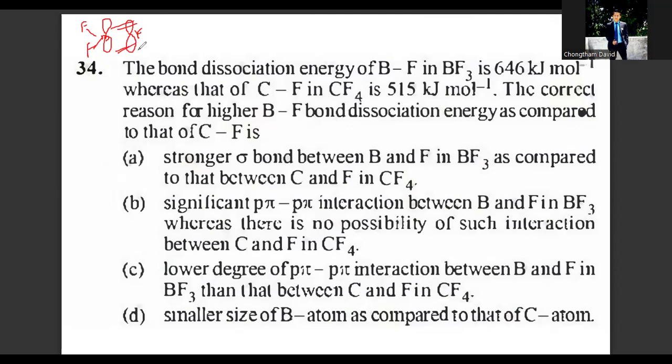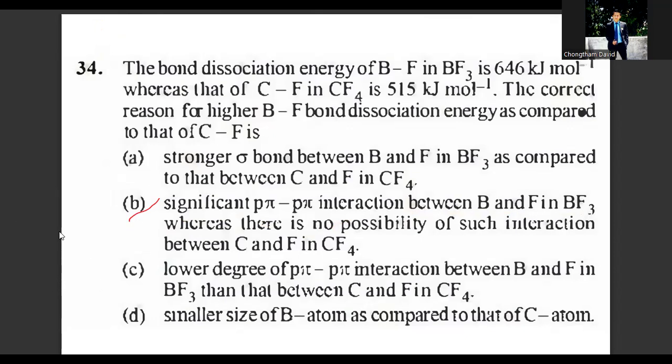One is vacant and another one is filled. This fluorine is filled and this boron is vacant. So there is significant p pi interaction between fluorine and boron in BF3, whereas there is no possibility of such interaction in CF4. So B is the correct answer for question number 34.